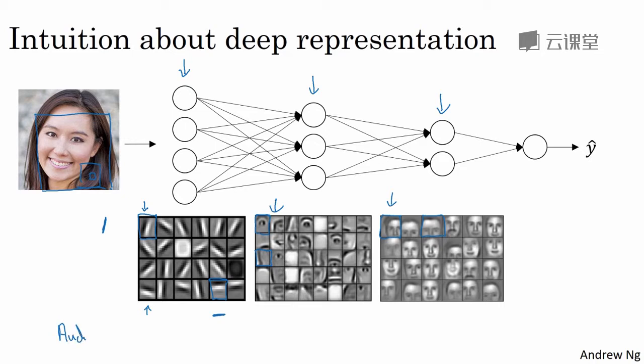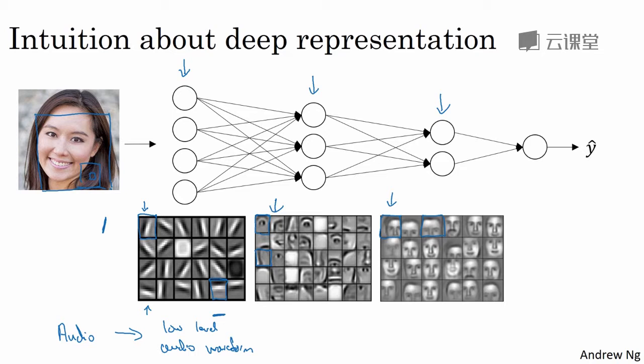For example, if you're trying to build a speech recognition system, it's harder to visualize speech, but if you input an audio clip, then maybe the first level of a neural network might learn to detect low-level audio waveform features, such as: is this tone going up, is it going down, is it white noise or a sibilant sound like s, right?